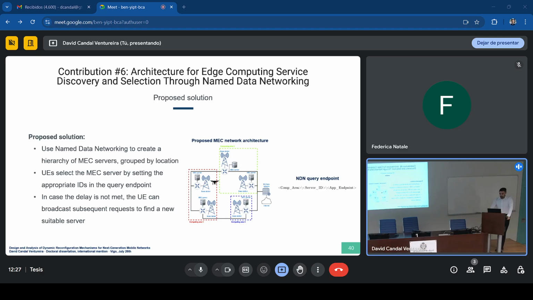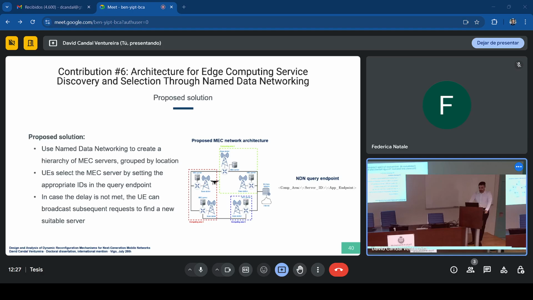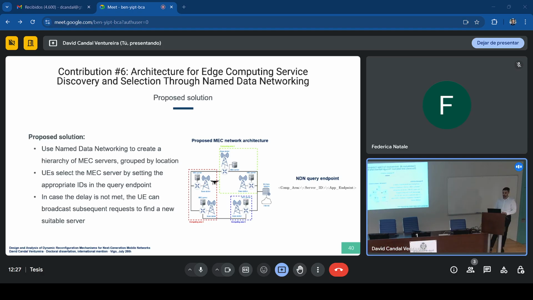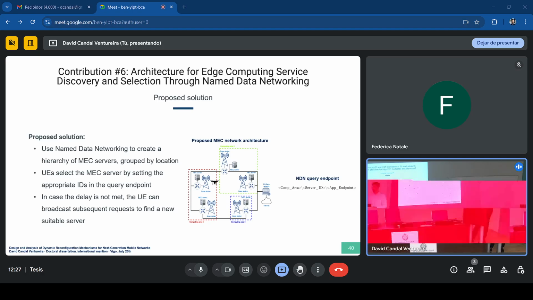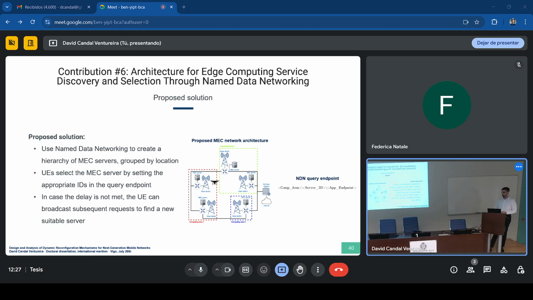Then the device will monitor compliance with the service delay by monitoring the delay of each subsequent request, and if any request does not meet the target requirements, it will contact a nearby server by using wildcards in the NDN query.